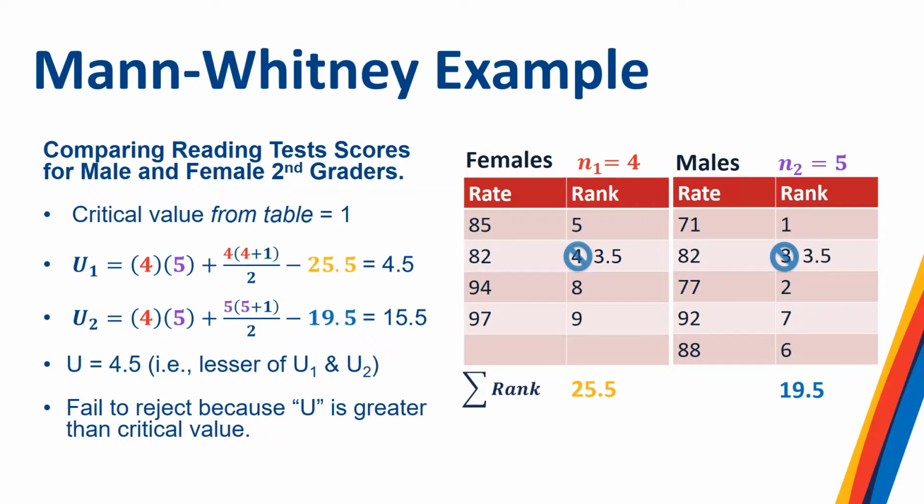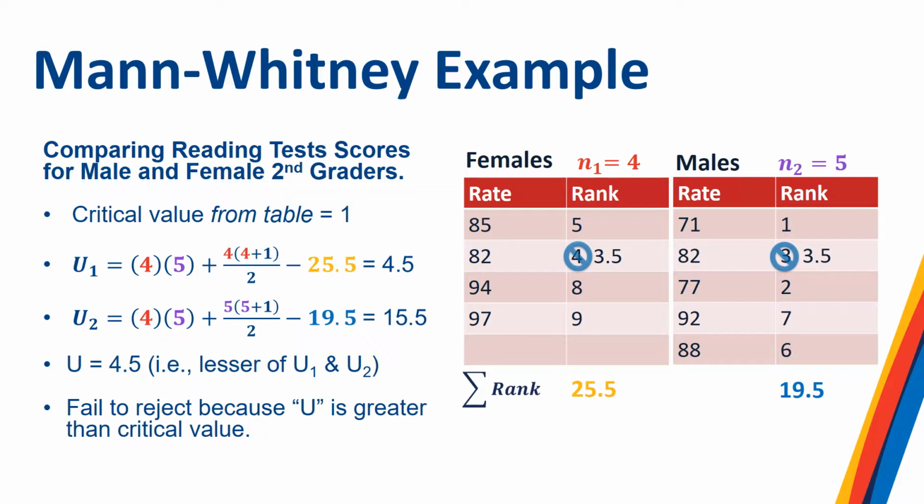What this tells us is that there is no difference between the males and females in terms of their reading test scores in this small sample. This sample size is probably too small to conduct a traditional statistical method on, and that's what nonparametric tests can help you to do.